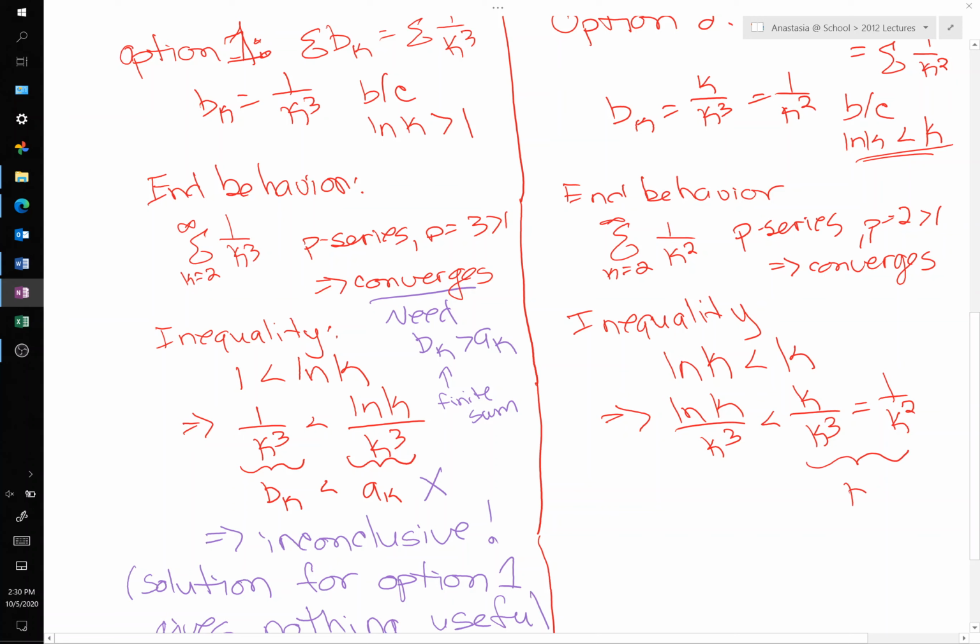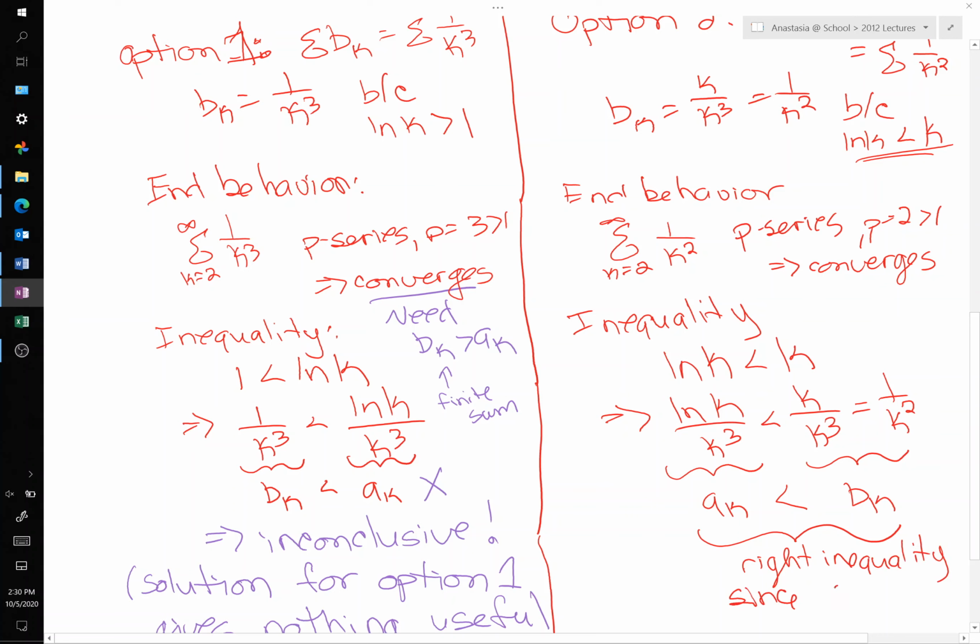So what we have on the right is bk, what we have on the left is ak. So we have that ak is less than bk. And remember, if our comparison series converges, what we want is for ak to be less than bk, and that is what we have here. So this is the right inequality.